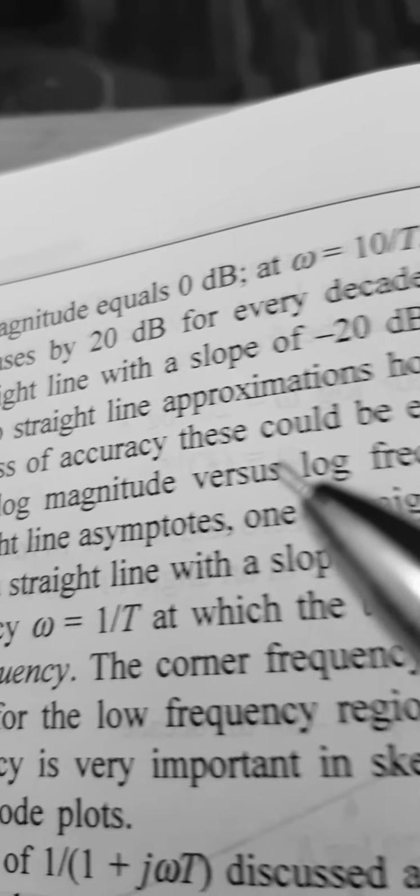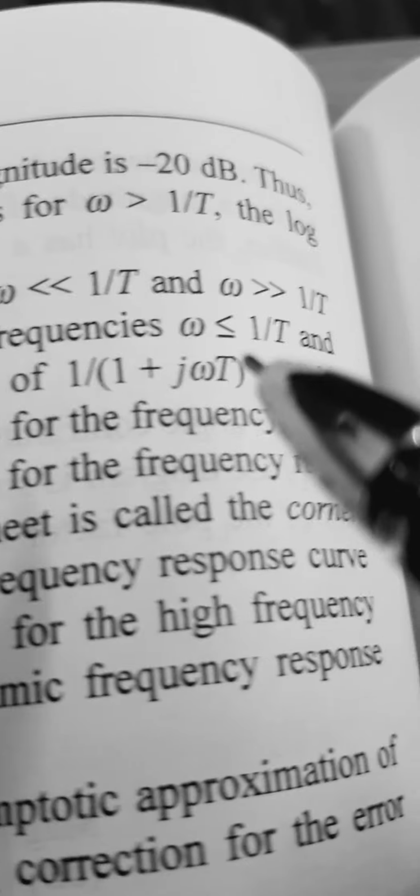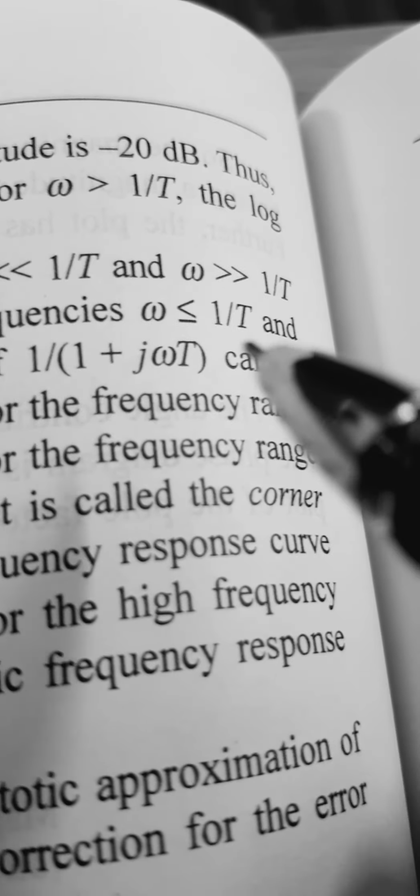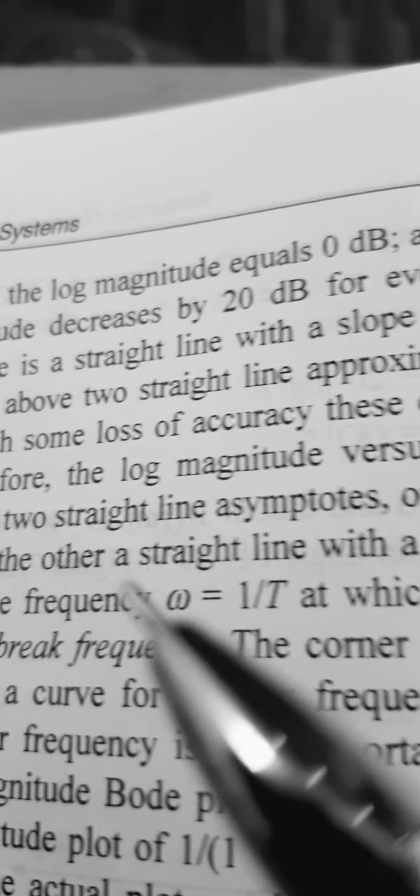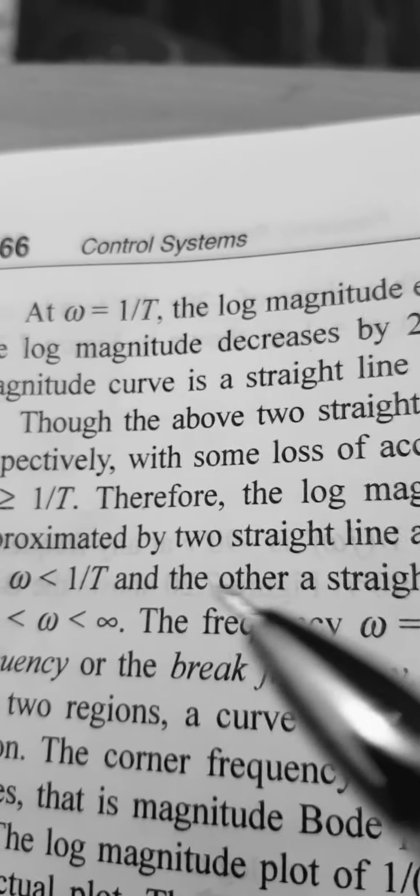With some loss of accuracy, this could be extended for frequencies omega less than or equal to 1 by T and omega greater than or equal to 1 by T.